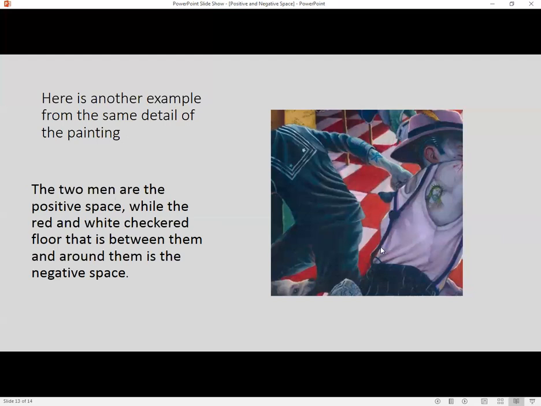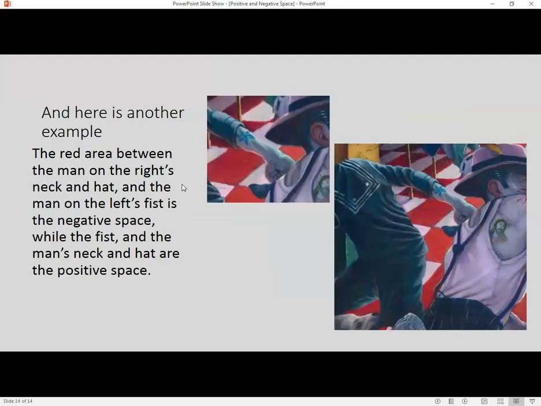And then the red and white checkered floor between them and that surrounds them is the negative space. So when you're that specific, it helps me understand that you know what you're talking about and you comprehend the concept of positive and negative space.